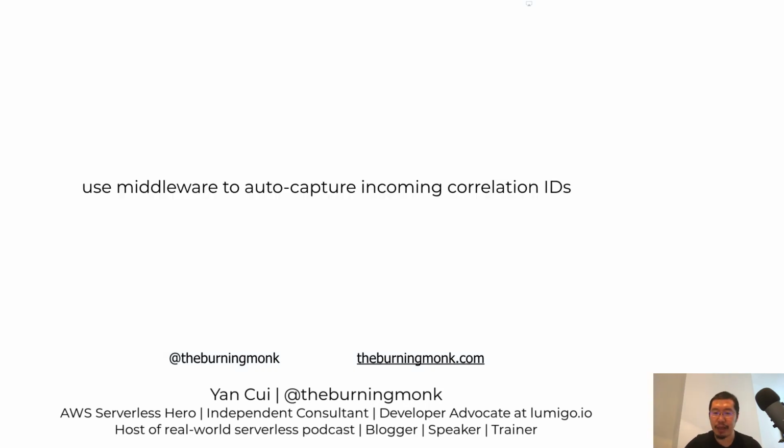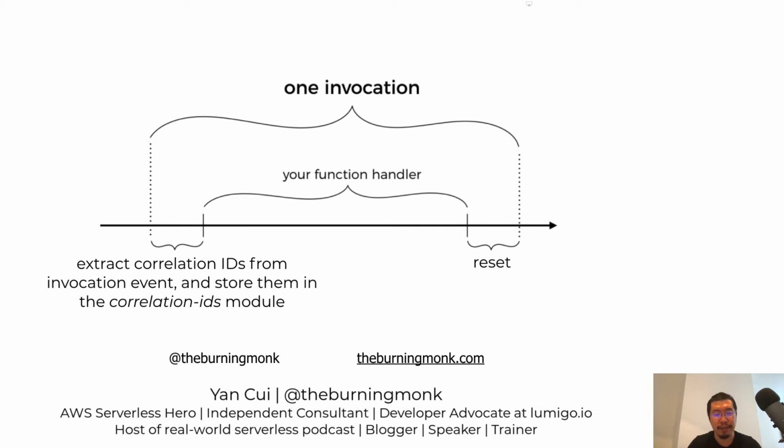We also have a middleware that makes it easy for you to automatically extract those correlation IDs when your function is invoked. It includes them in the global variable, so that every time you log anything with our logger, they always get included automatically. This again uses the middleware, whereby before we invoke your function handler code, we inspect the invocation event and see: is this an API Gateway event?